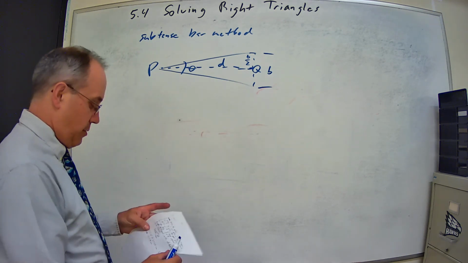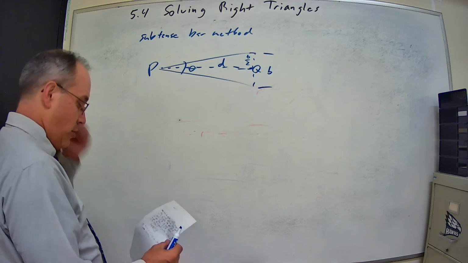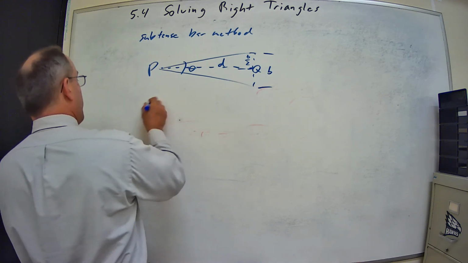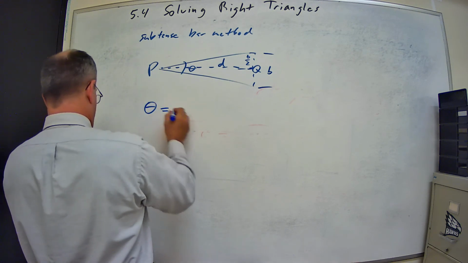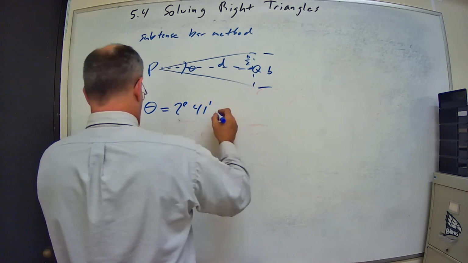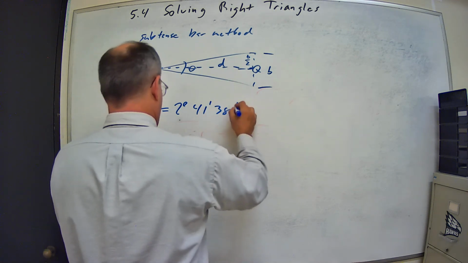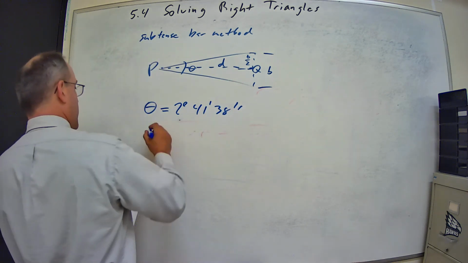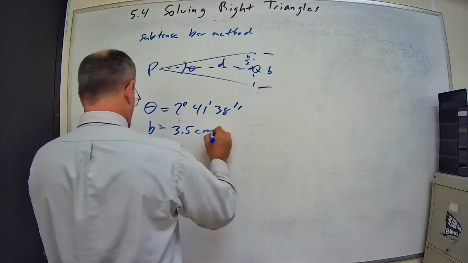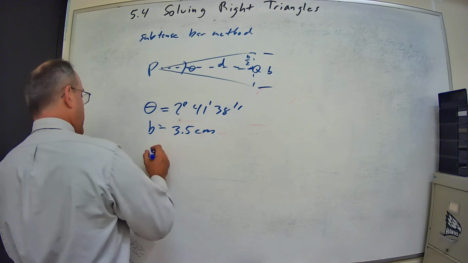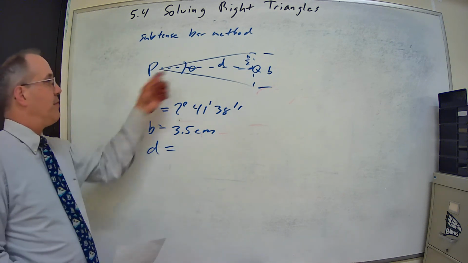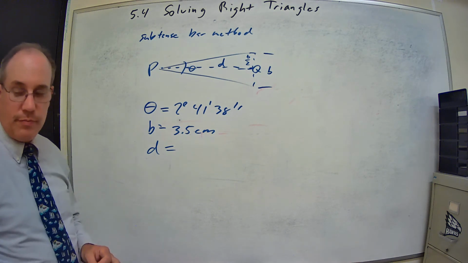So given this, we look out and we find the following. We find that theta is equal to 2 degrees, 41 minutes, and 38 seconds. B is equal to 3.5 centimeters. We want to find D, the distance away from this object.